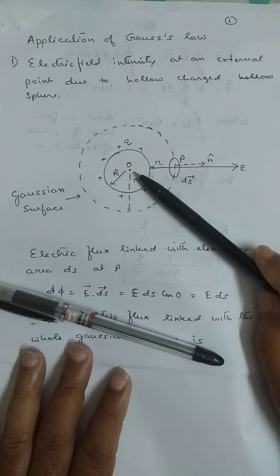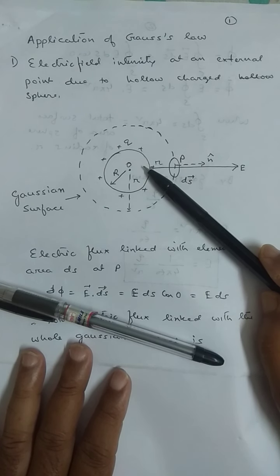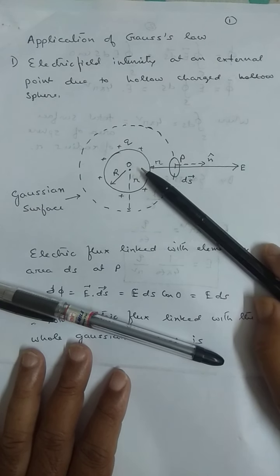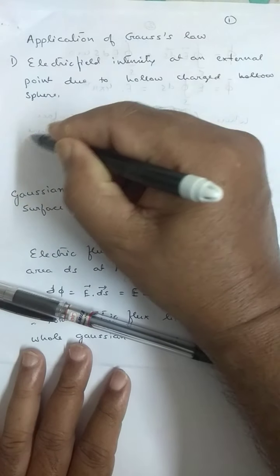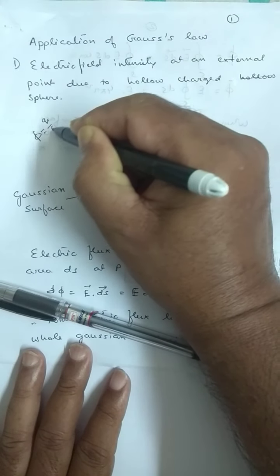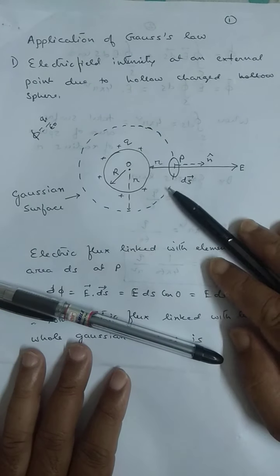Now, in order to apply Gauss's law, we require a closed surface. Can you remember Gauss's law? Gauss's law states that the total electric flux linked with a closed surface is equal to Q by epsilon 0.